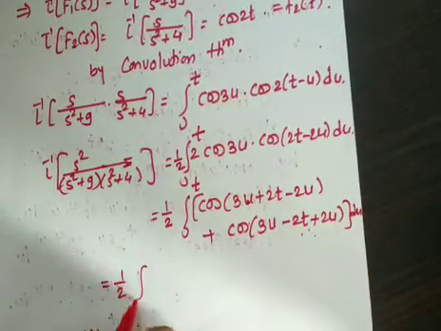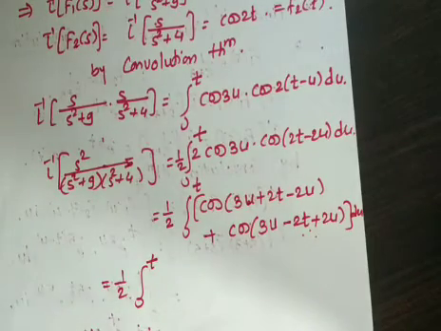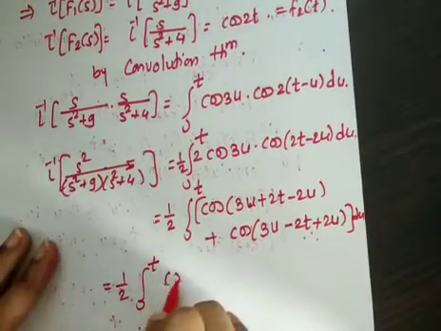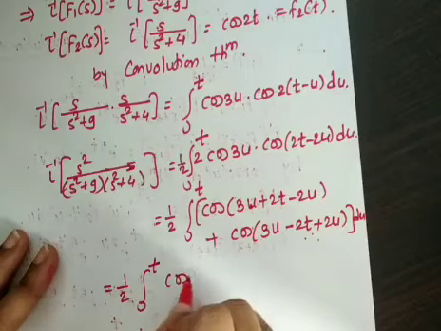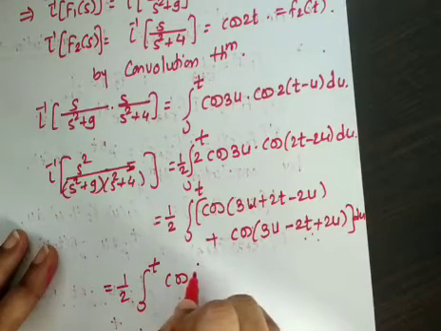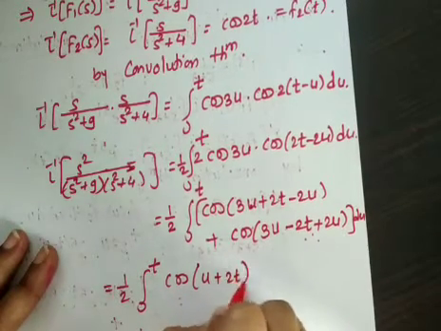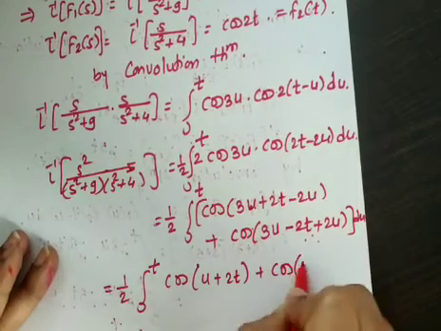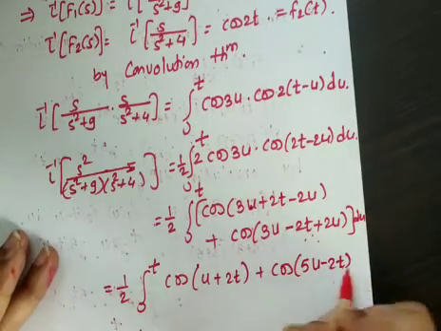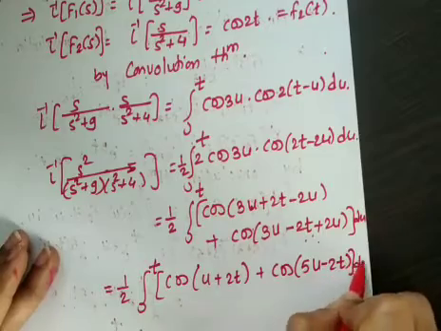That is 1/2 integration 0 to t cos(u plus 2t) plus cos(5u minus 2t) du.